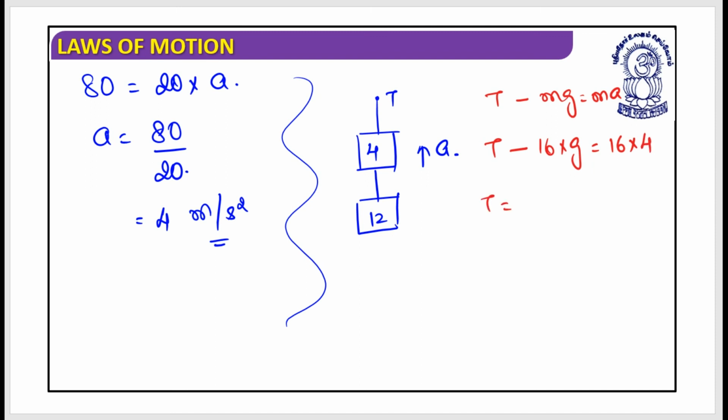So T equals 16 into 4, which is 64, plus 16 into g, which is 160. So it's 160 plus 64, which is 224 Newton.